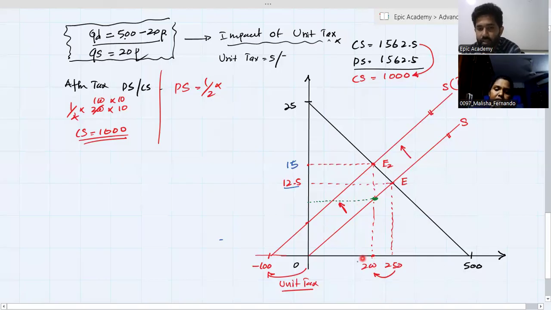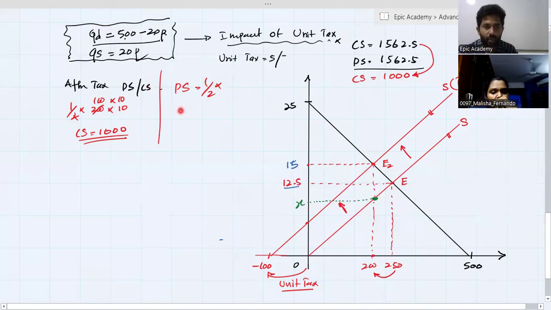This new equilibrium quantity crosses the old QS curve. You have to identify exactly the price at that point, but we don't have any idea about that. So we have to calculate it. How can we calculate it?